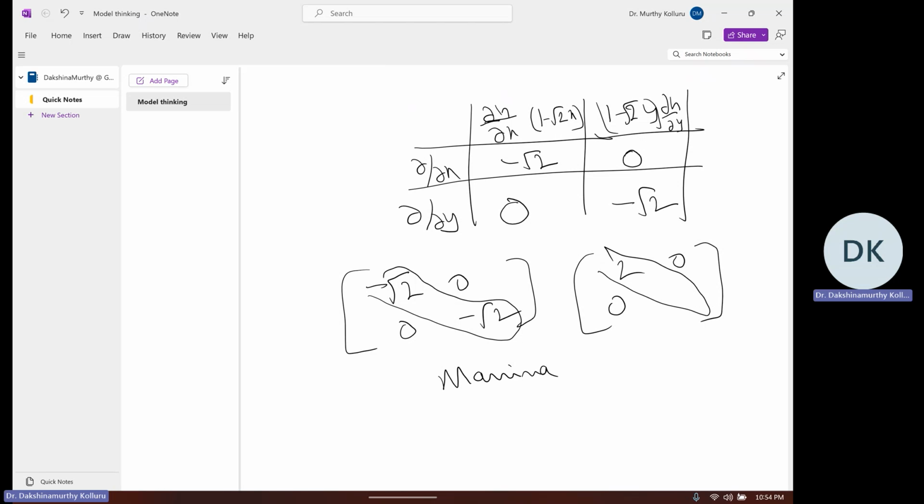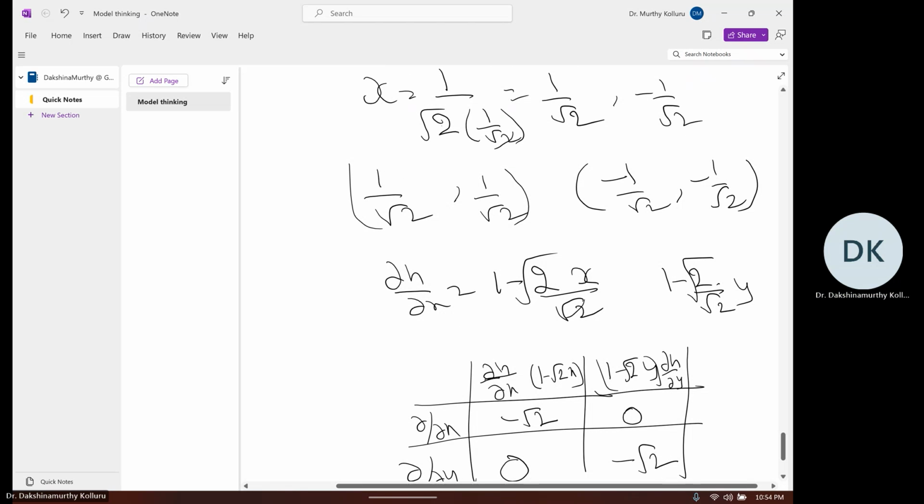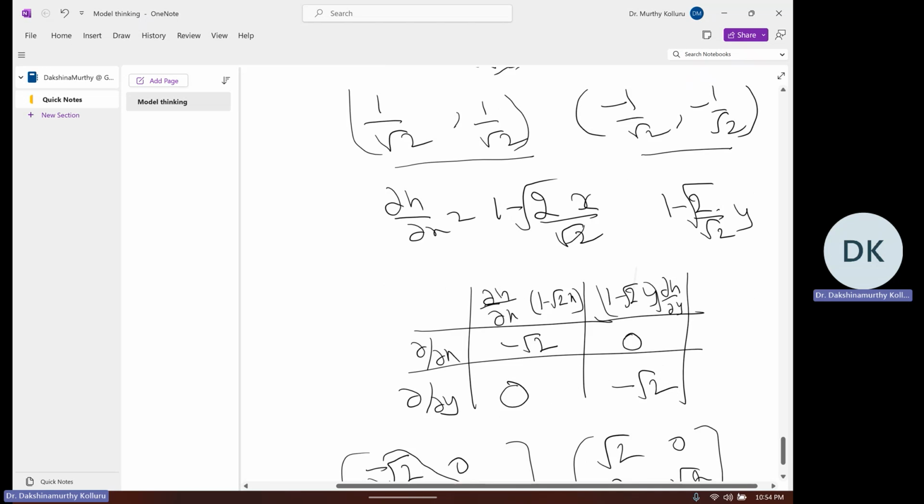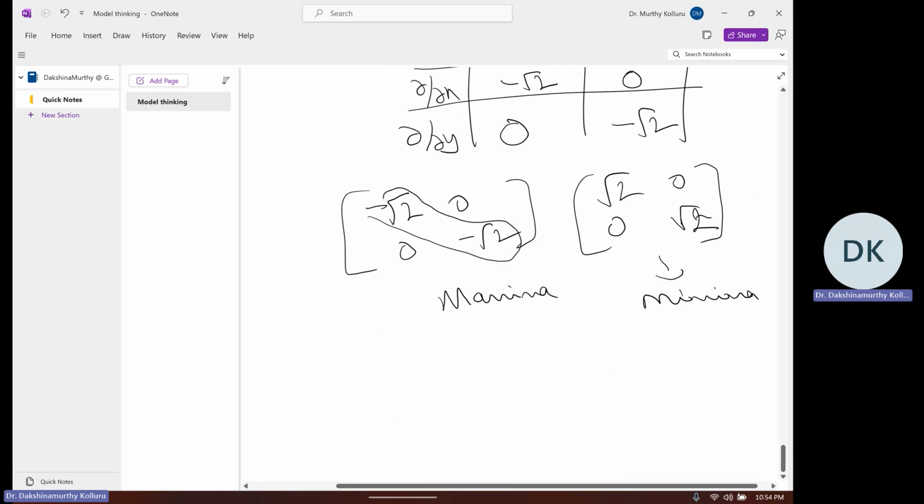Similarly, these two are positive, and hence this is a minimum. When lambda is 1 by root 2, these are the values that I got. This is a minimum. When lambda is minus 1 by root 2, these are the values I got. That's a maximum. So that's what it is.